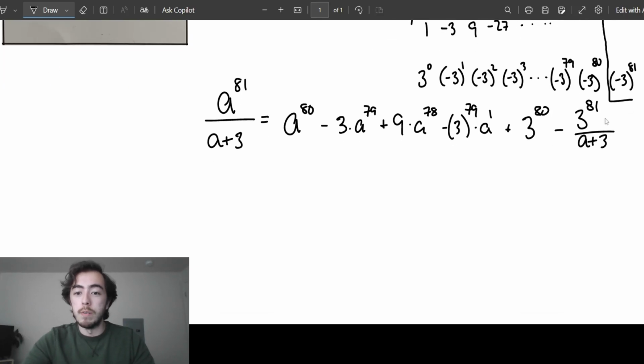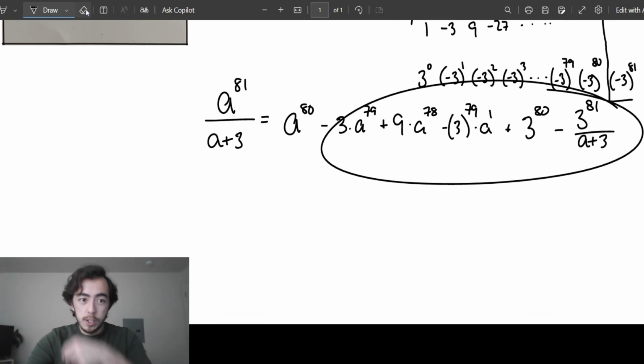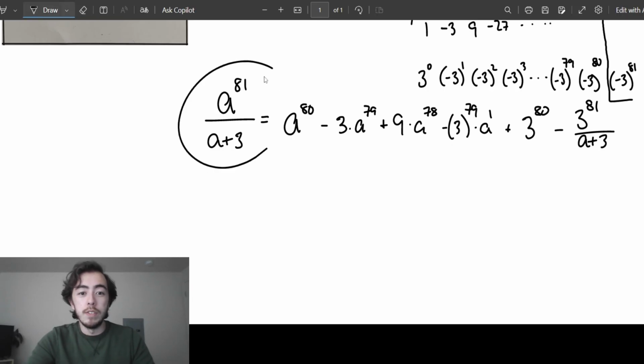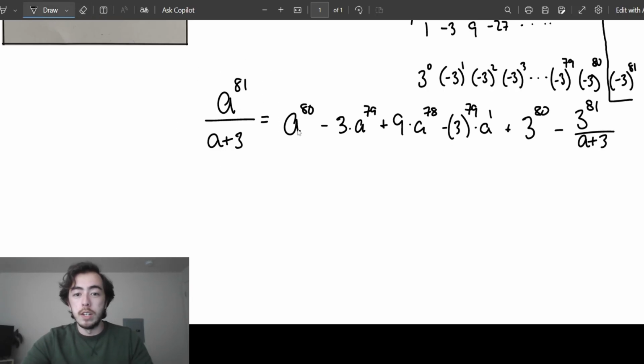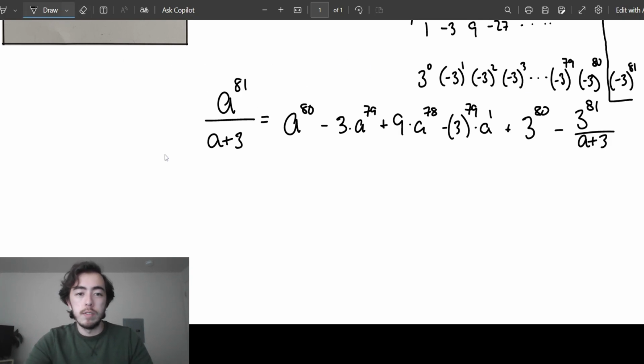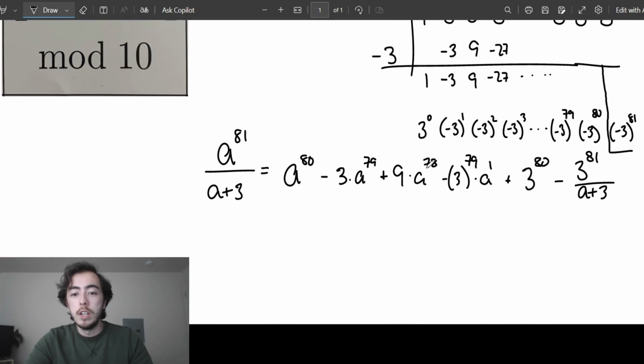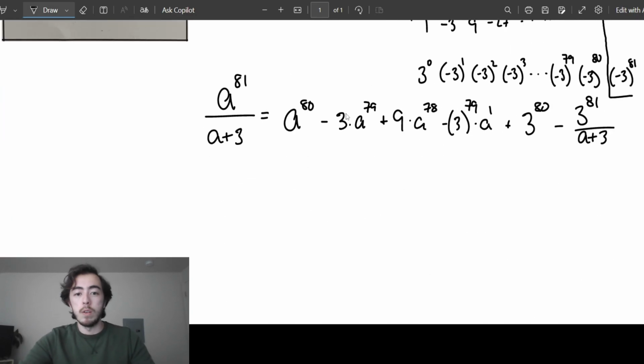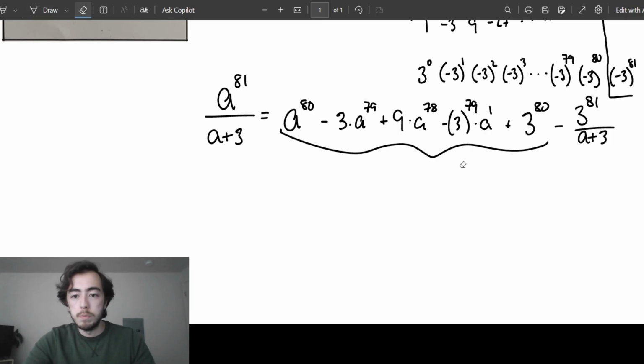And so this on the right is going to be some kind of representation of this number here. And all of this is a whole number because a is 10 to the power of 25. So any power of a is going to be another whole number. We're just multiplying and subtracting and adding whole numbers. So all of these are whole numbers.